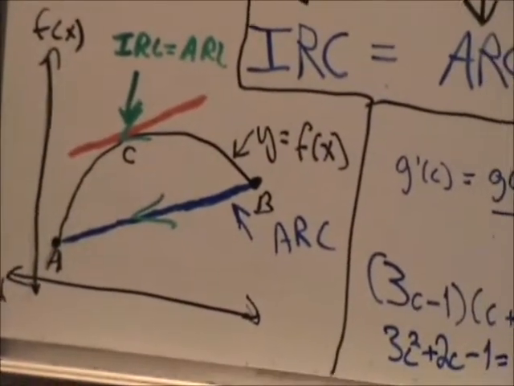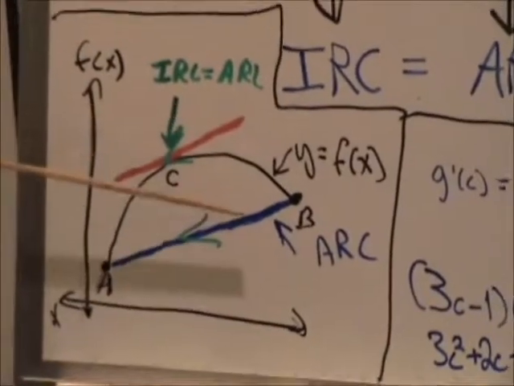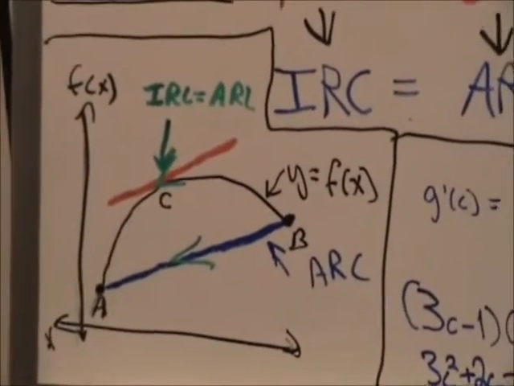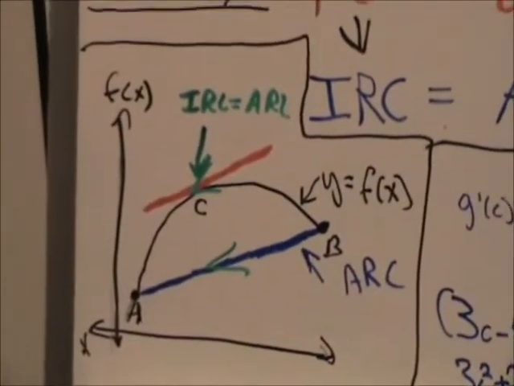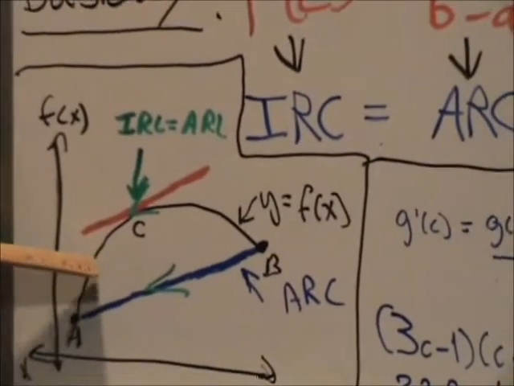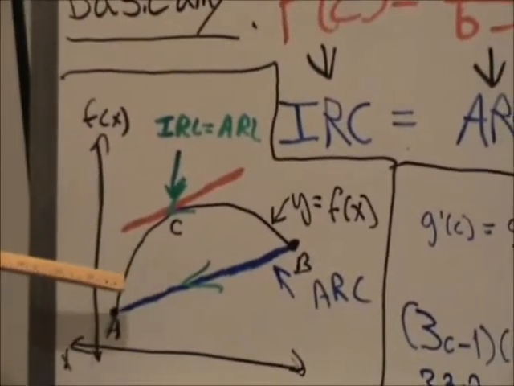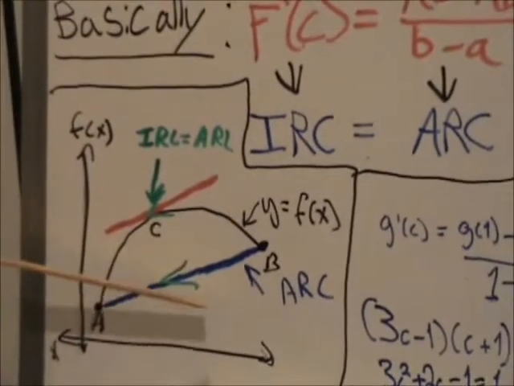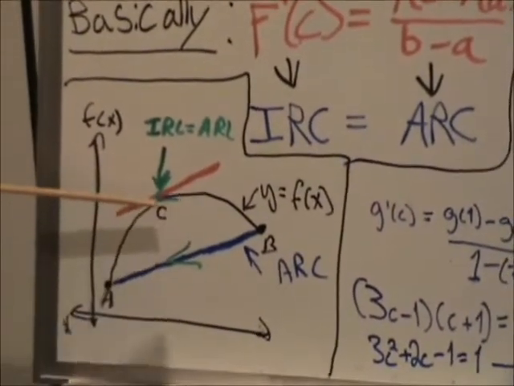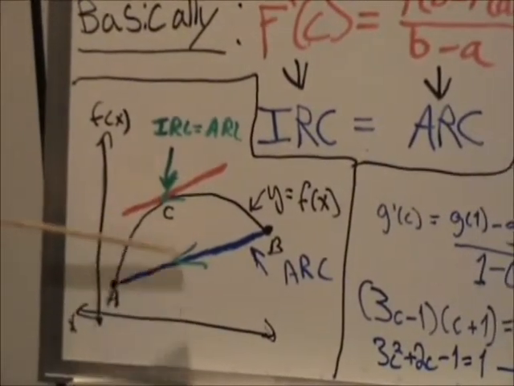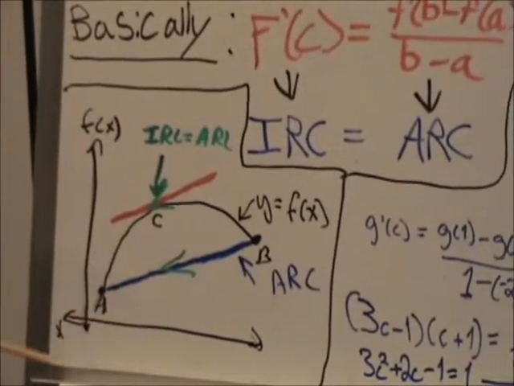Because it's continuous on a closed interval and differentiable on the open interval, the theorem states that there is definitely one point on the function where the instantaneous rate of change is equal to the average rate of change. And that's at point c. As you see, the slopes are the same, shown by the parallel lines there.